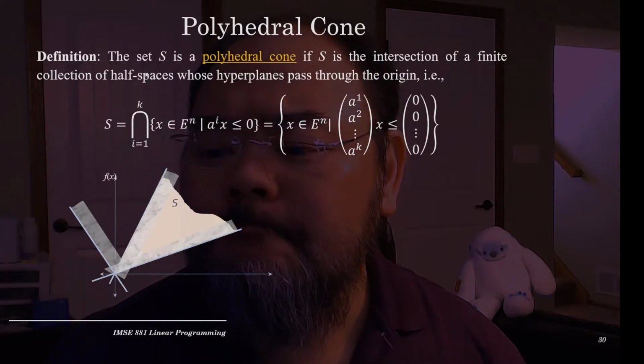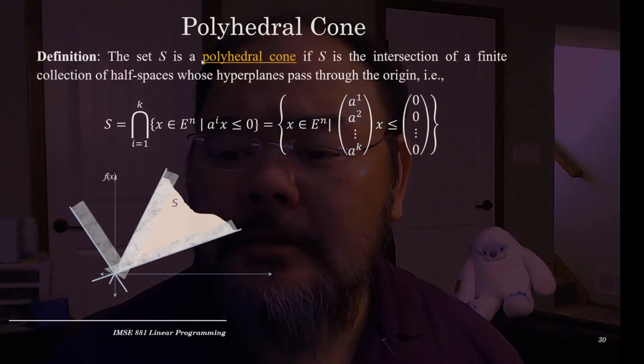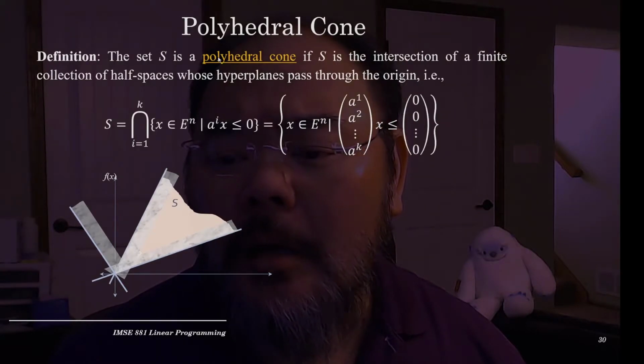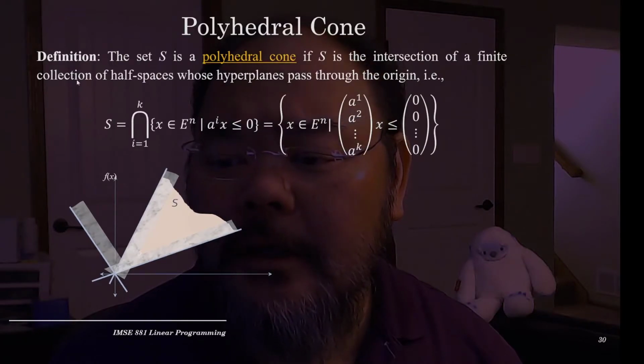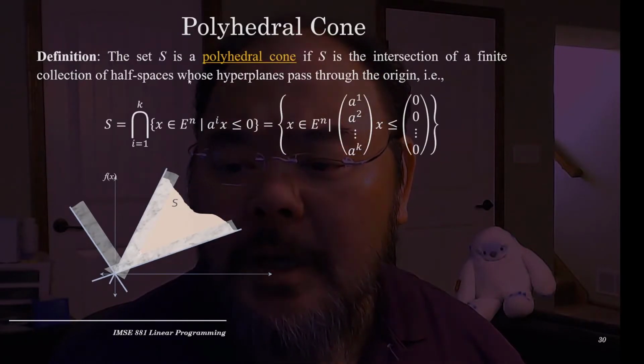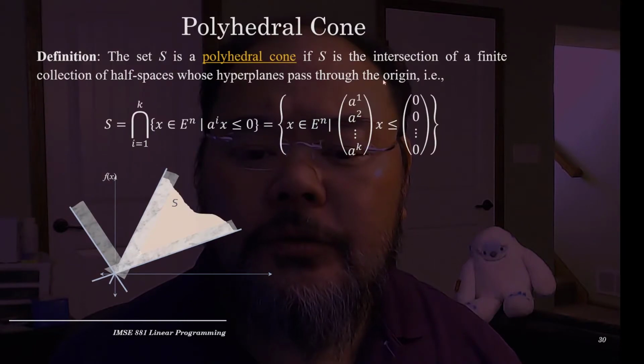Also, the set S is called a polyhedral cone if S is the intersection of a finite collection of half spaces whose hyperplanes pass through the origin.